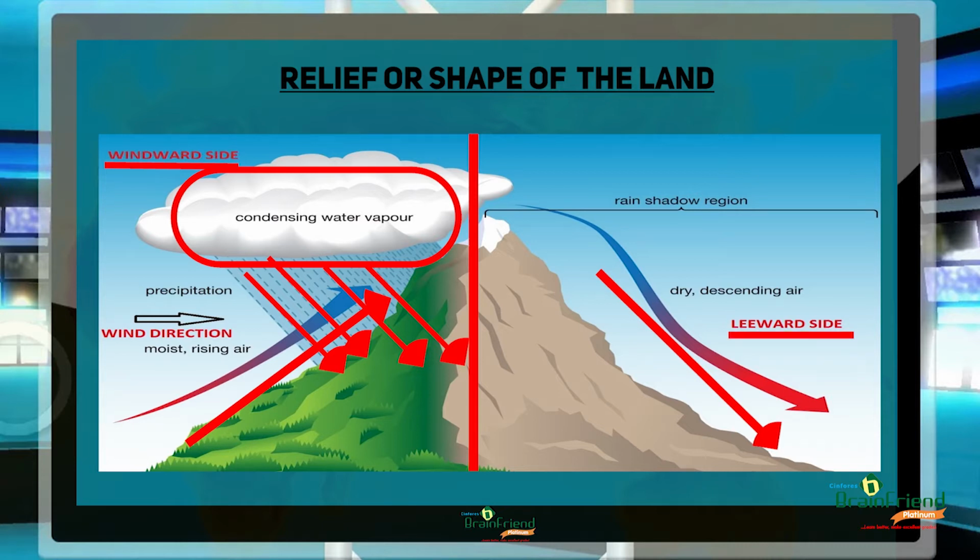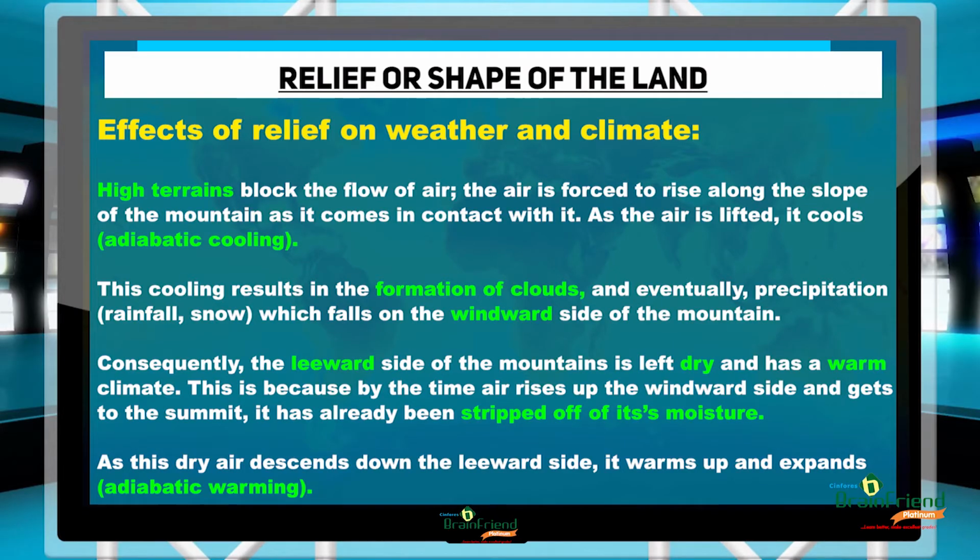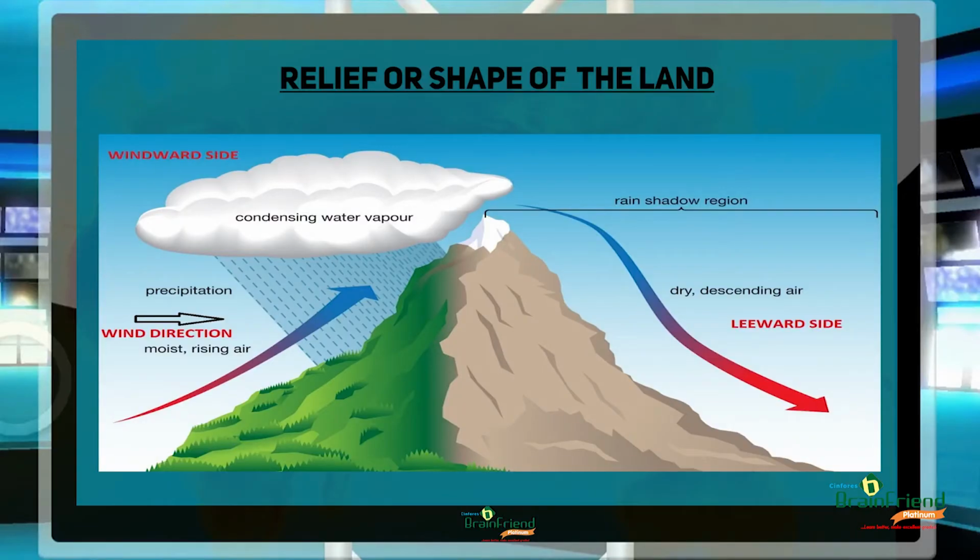This is the part of the mountain that experiences dry climate as a result of the stripping of the moisture from the air. In this region, air begins to warm up. It is also known as adiabatic warming. The schematic diagram shown on the screen explains the effects of relief or shape of the land on climate.